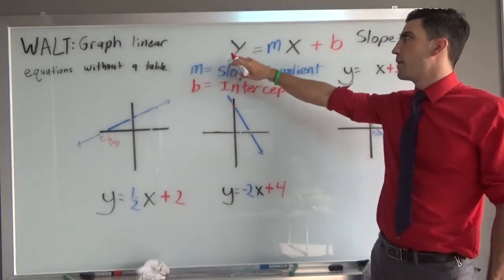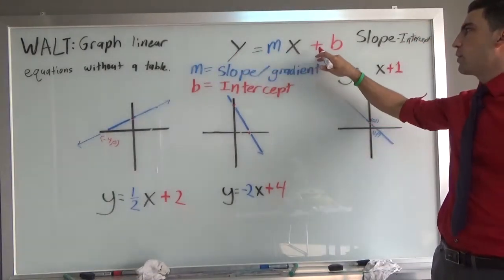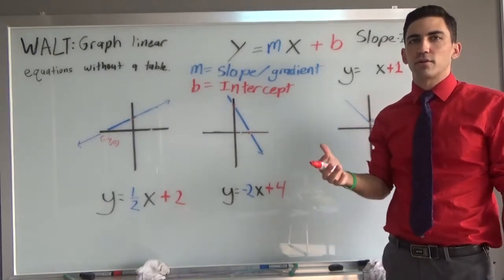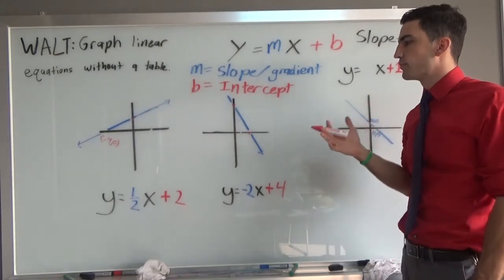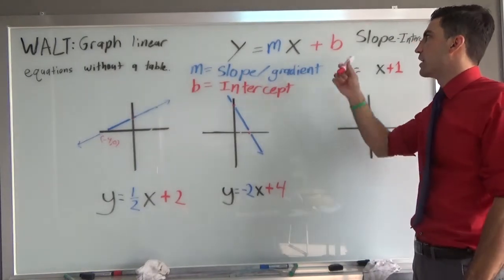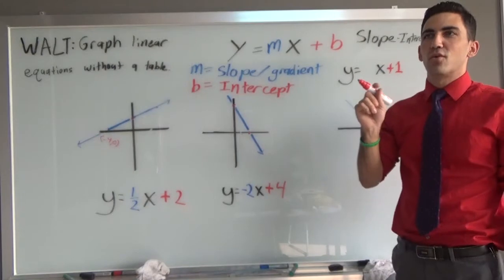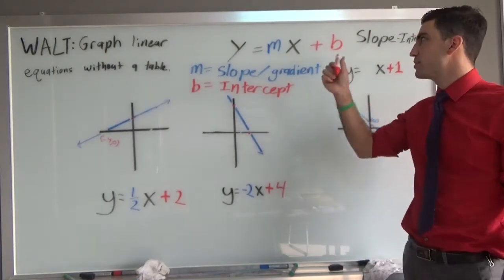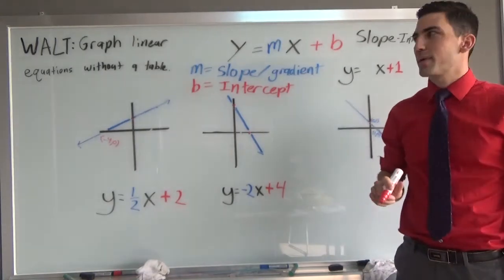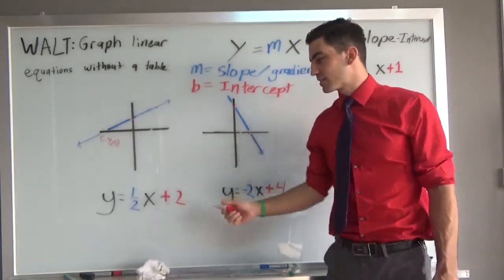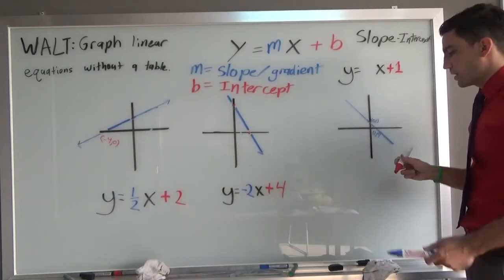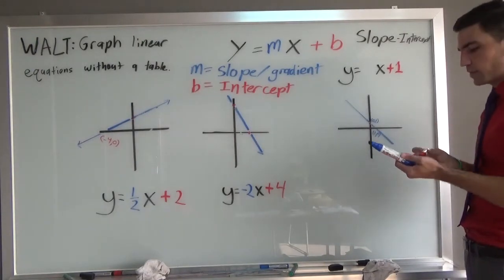Now, y equals mx plus b is a very general form of the slope-intercept form of equation. British or other sorts of curriculum might use a c for this, but it really doesn't matter as long as it looks like this, it's the same thing. So here we go. We've got the plus 1.